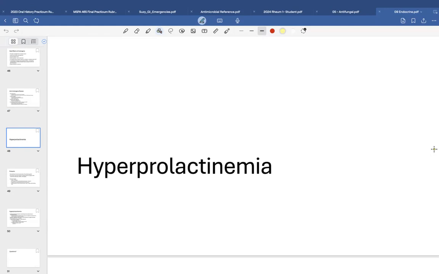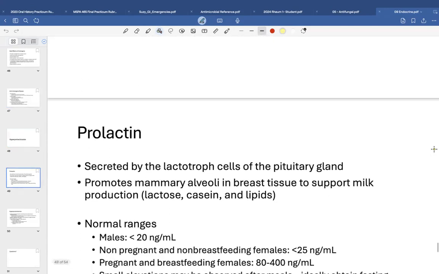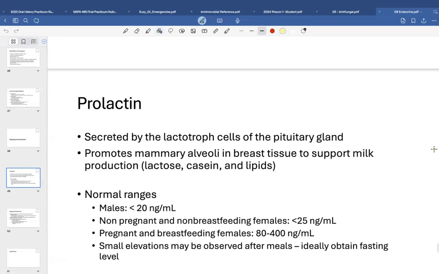Very quickly, we'll talk about hyperprolactinemia. Prolactin is a hormone that's involved in milk secretion. Prolactin is secreted by the lactotrophic cells of the pituitary gland and promotes the mammary alveoli in the breast tissue to support milk production.